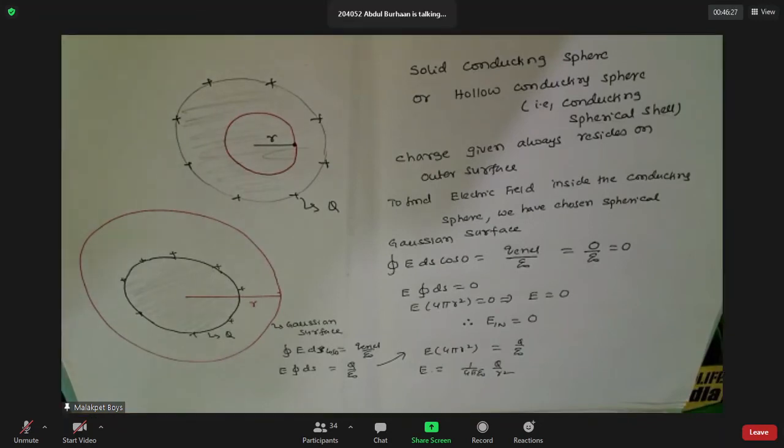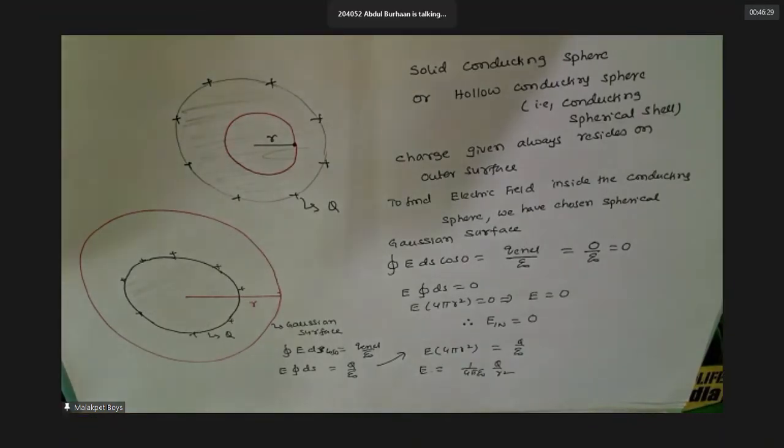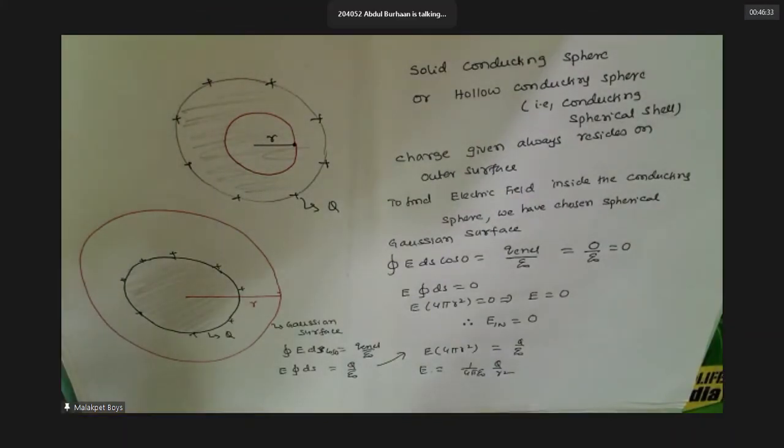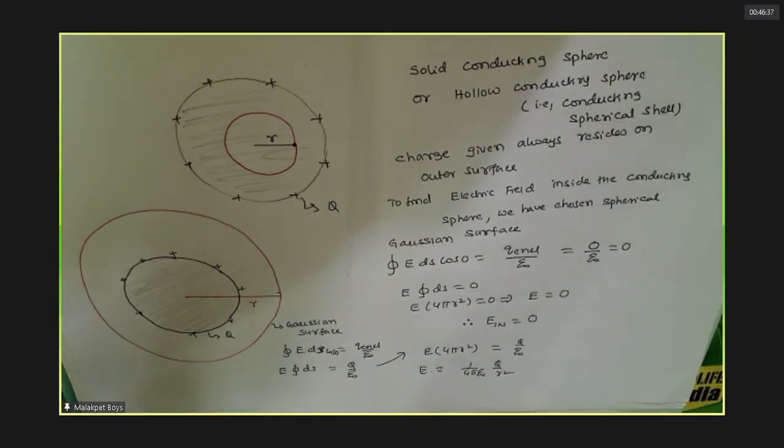Sir, apart from spherical, are there any other Gaussian surfaces? You can take anything, I was telling you from the beginning. If you are capable of finding E1 ds cos theta 1, E2 ds cos theta 2, you can take any shape. Because I cannot find that, I am taking a sphere, so that E ds cos 0 will be there. You have every right to choose any surface.